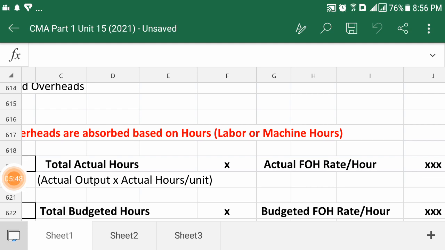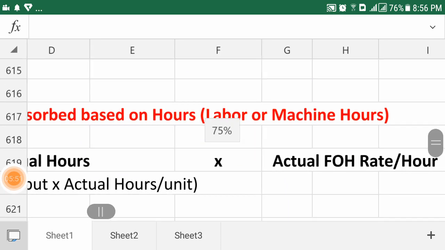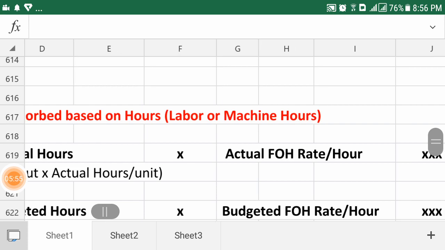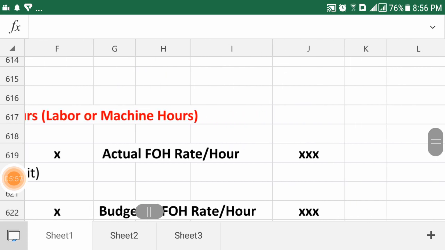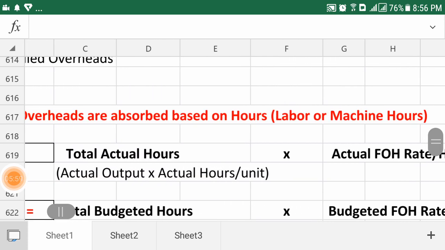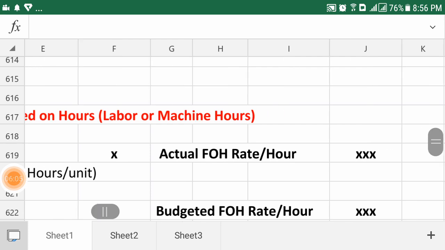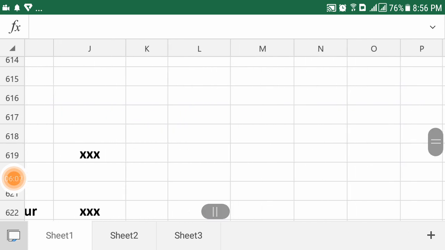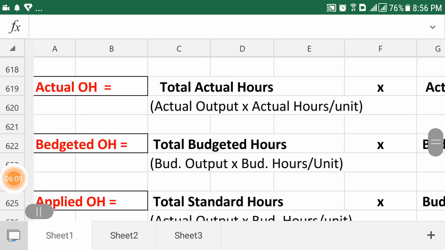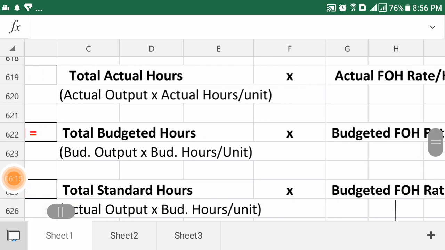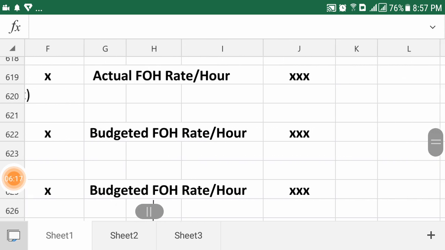And thereafter you can see the actual fixed overhead rate; if you multiply that with our total hours, you will get the total actual fixed overhead. The same way in the budgeted you can also calculate. Budgeted output will be multiplied with the budgeted hours, and then with the budgeted rates, and you will get your amounts.